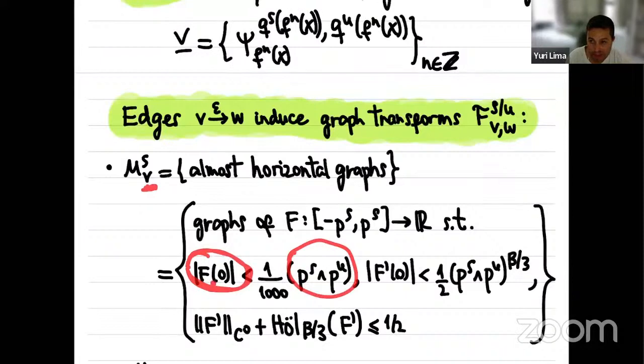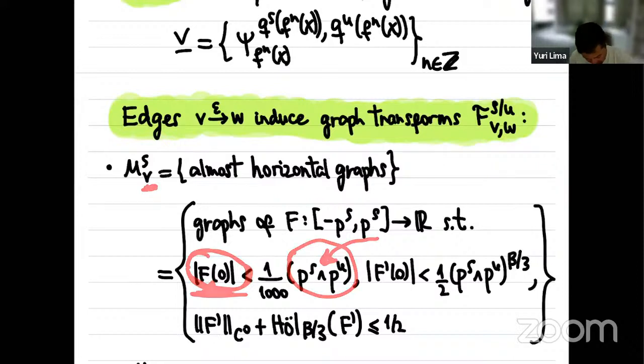So in some sense, for places in which it is very hard for you to see the hyperbolicity going on at the stable direction, you have to consider only graphs which are really, really almost horizontal. Because bad hyperbolicity means that you have to diminish these parameters, and then you have to consider f of 0 very, very small. Okay?